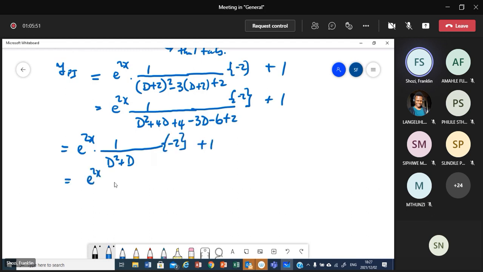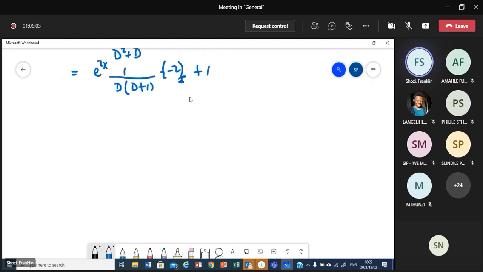It's e to the power 2x, 1 over D common factor. Then we're left with D plus 1 here, on minus 2, plus 1. That becomes, no, you are not going to expand, sorry. 1 over D. Now, do you see this minus 2 is a constant? We apply e to the power 0.